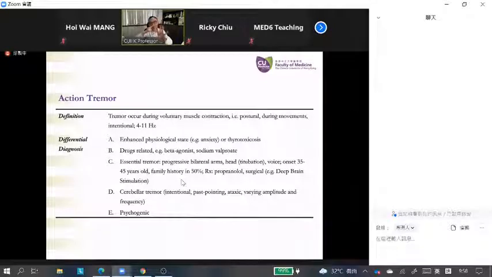It's different from the cerebellar tremor, which is more intentional, towards the end. But for action tremor, it's quite persistent. Possibly sometimes towards the target it is more severe, but even throughout, the patient has tremor.